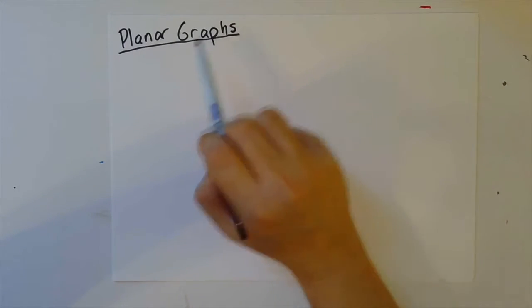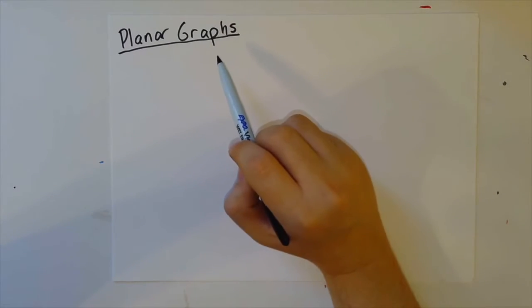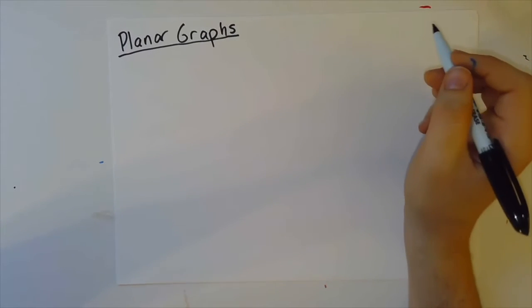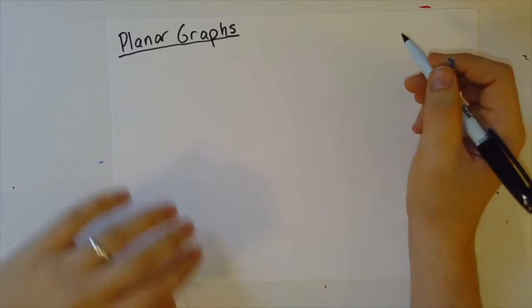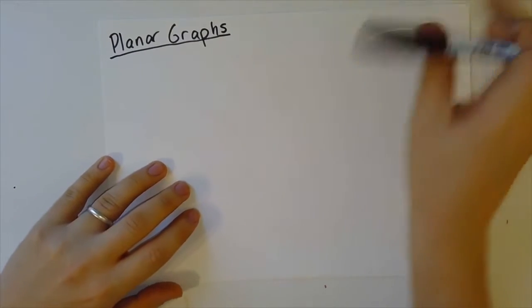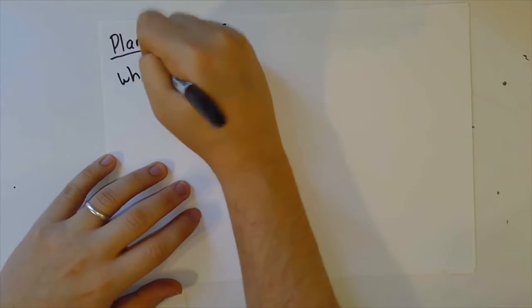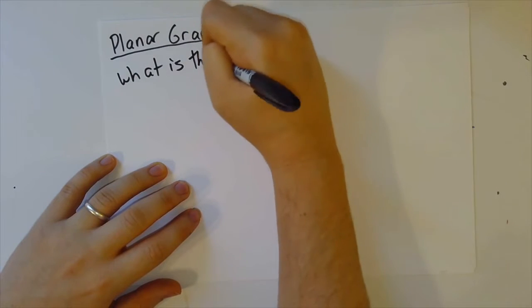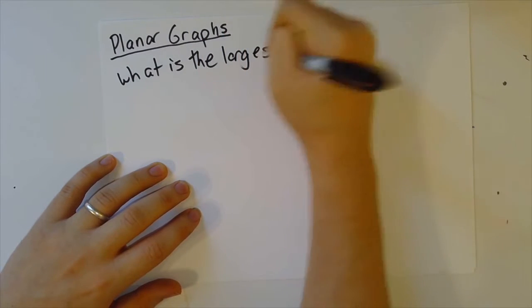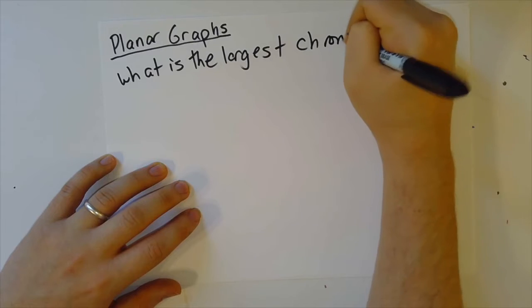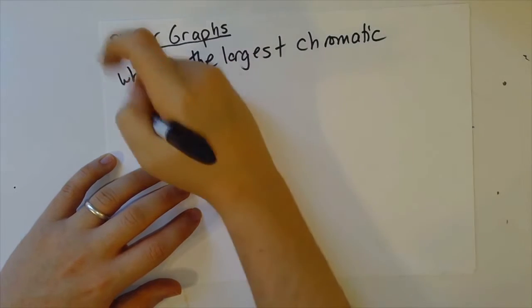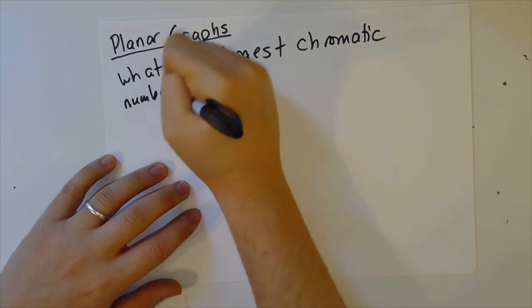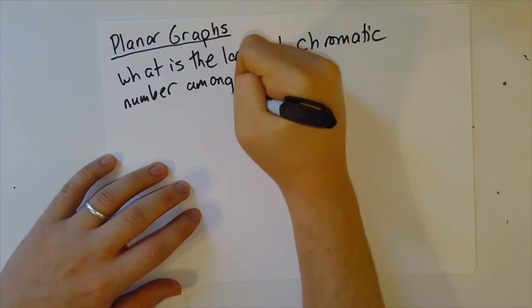Okay. So a planar graph, we want to talk about its chromatic number. Okay. And so really what I'm interested in is what is the largest chromatic number among all planar graphs.